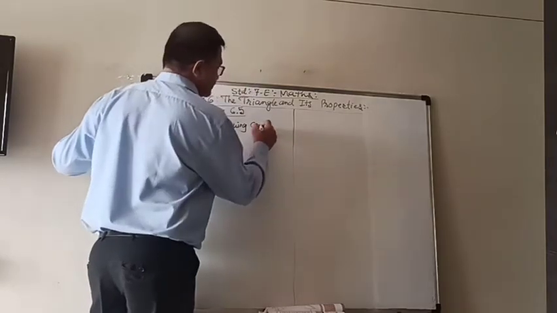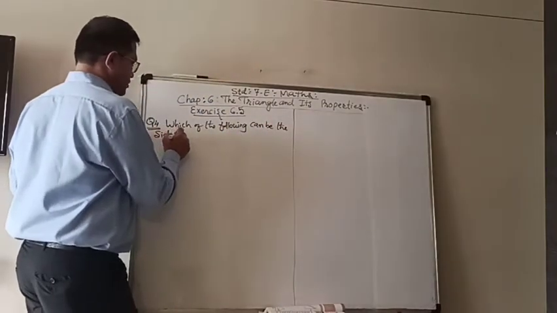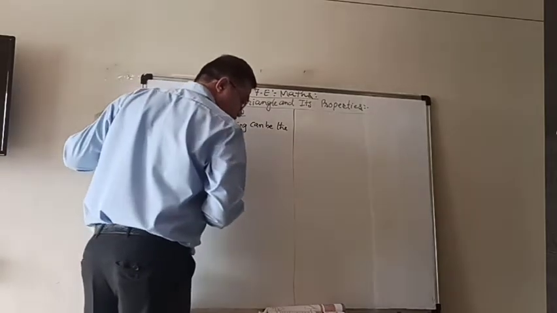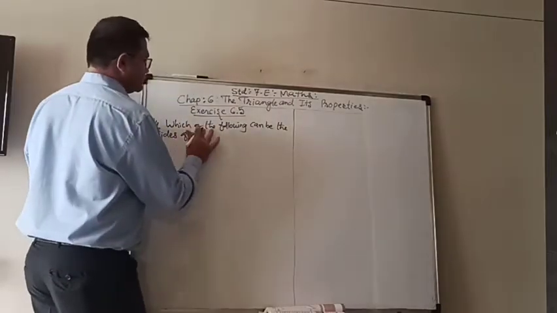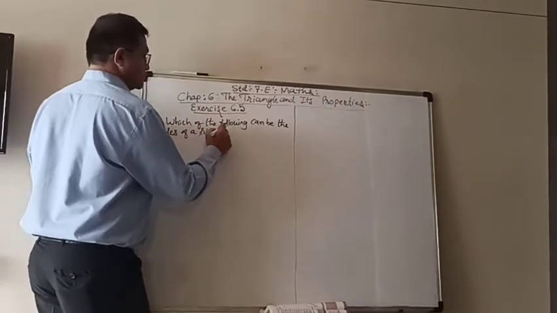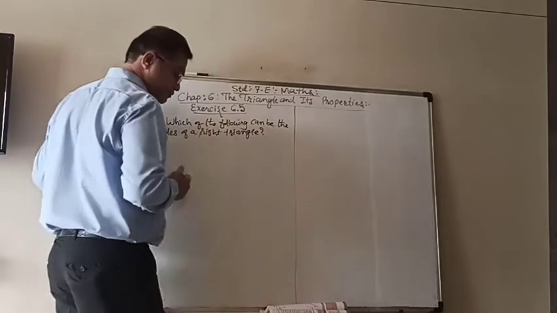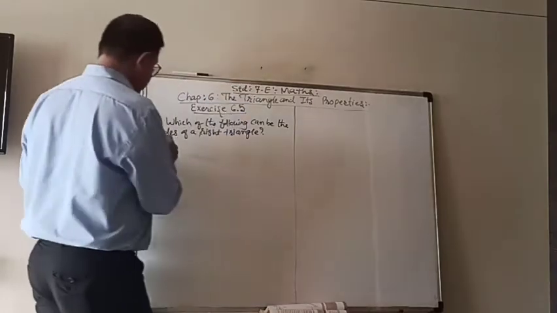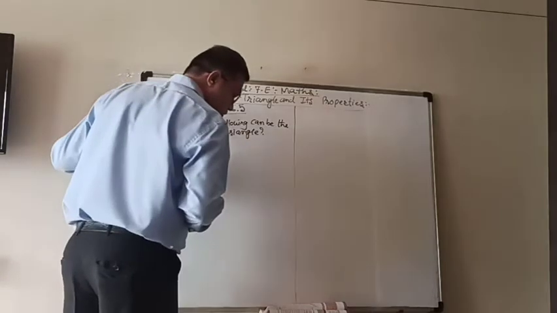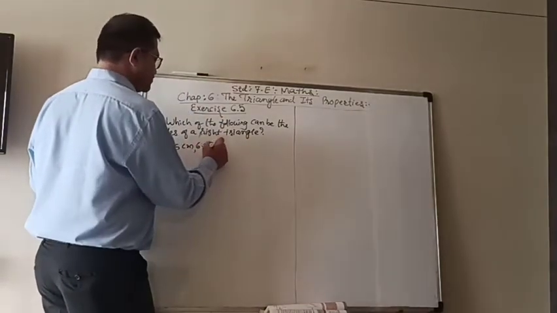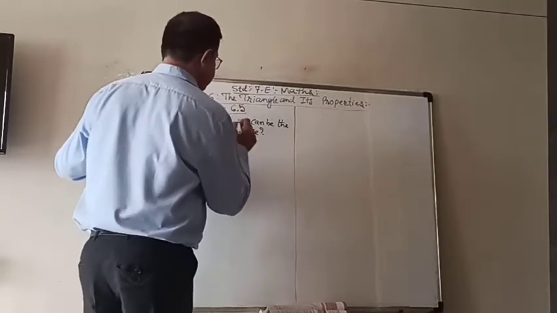can be the sides of a right triangle. Now, the first set of sides given is 2.5 centimeter, 6.5 centimeter, 6 centimeter.